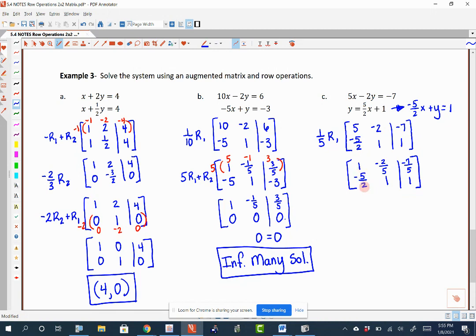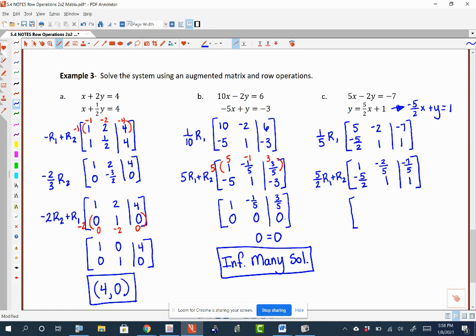The next step in our column, we want to make this negative 5 over 2 a 0. The only way we create zeros is multiplying the 1 in the column by the opposite. The opposite would be a positive 5 over 2. And I need to multiply that to row 1 because that's where my 1 is. And then I'll add that to row 2 and it will eliminate that.